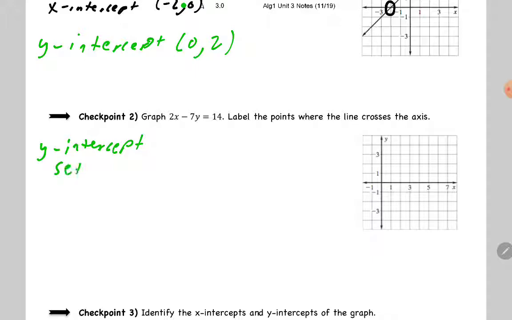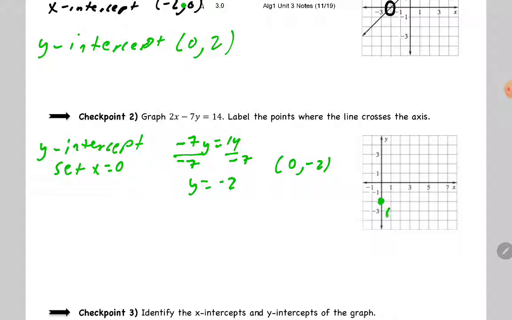So we set x equal to 0. So 2 times 0 is 0, so we're left with negative 7y equals 14. Divide by negative 7 to both sides, and we got y equals negative 2. So that would be 0, comma, negative 2. Okay. And if I want to label this, 0, comma, negative 2.